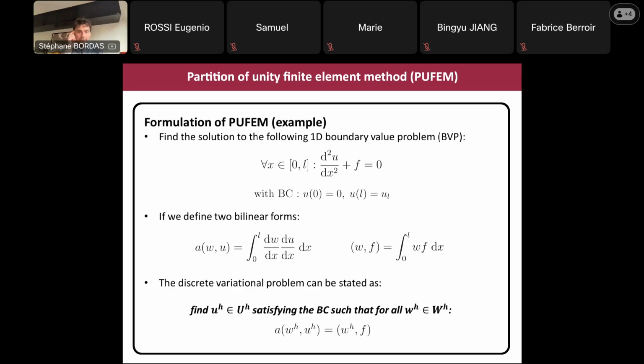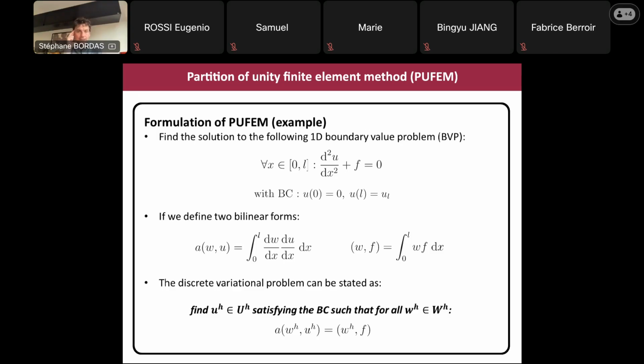So then at the end of the day, you end up with a discrete variational problem, and it can be stated like that. Find uh, unknown, finite dimension. Here we are still in infinite dimension. There is no h anywhere.